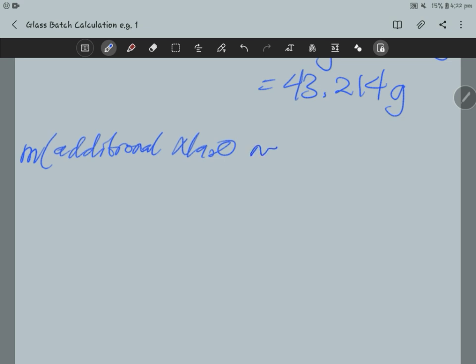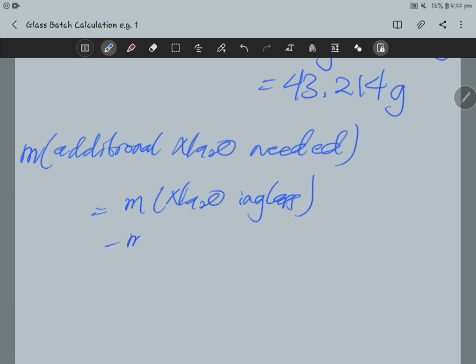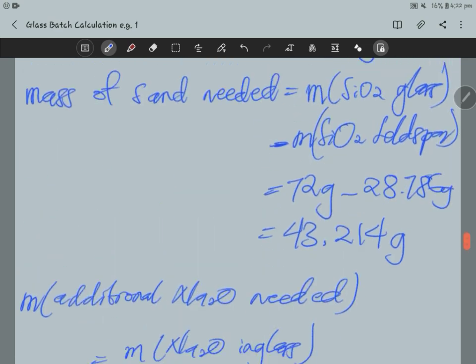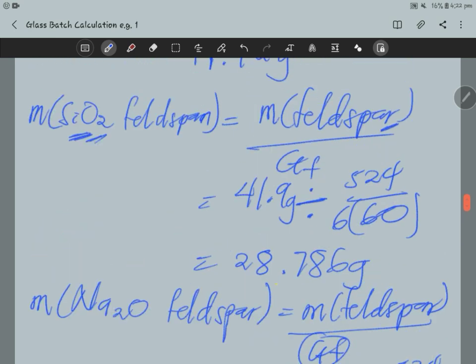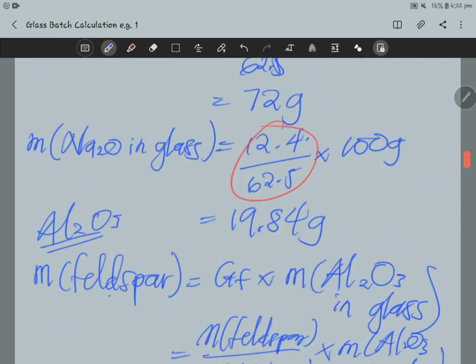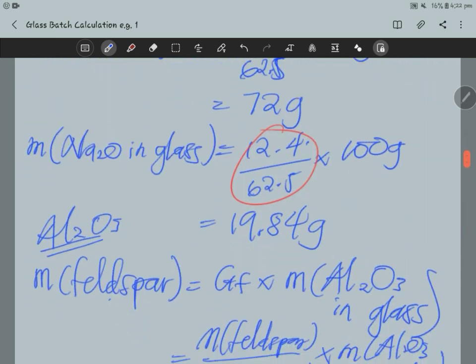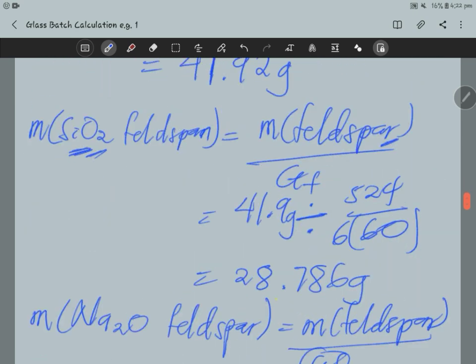That will be the mass of Na2O in glass minus the mass of Na2O in feldspar, right? So what's that giving us? The amount in the glass that we need, what is it? 19.84 grams, right?